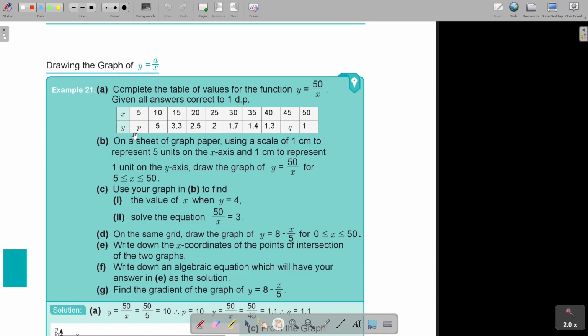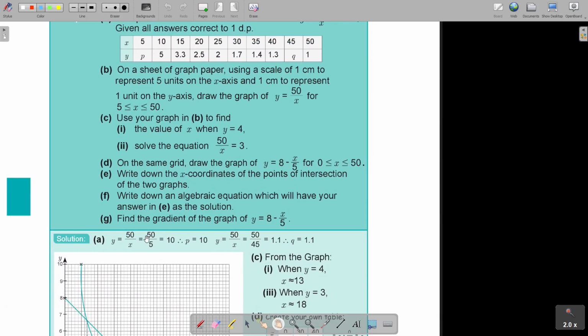Now, if you must complete, you must find P and Q. Basically, you take the formula, and in the place of x, you put 5 and you get 10. And you do it with that one also. So in the place of x, you put 45 and you get 1.1. If there's decimals, make it one decimal place. I don't think they expect you to go to 2 decimal places, and also check the other values in the table.